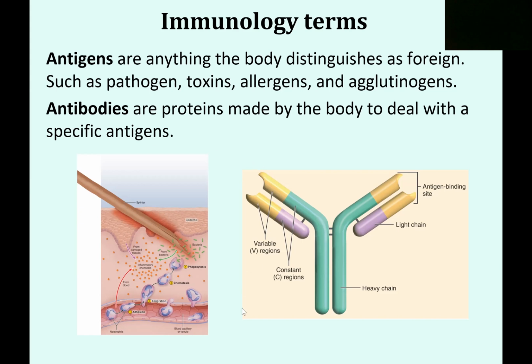So with the antibody, you have what we call constant regions, and that's the green portion and the purple portion. They're the same in every antibody. The yellow parts are the parts that are specific to different antigens.